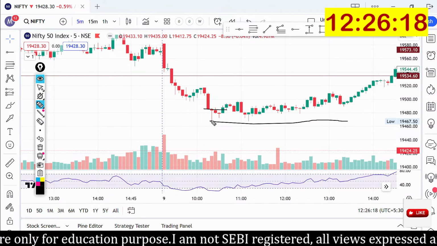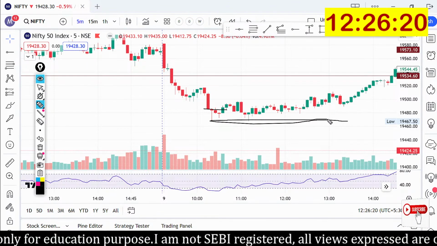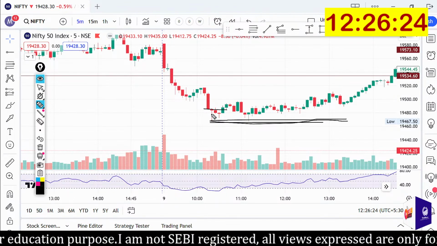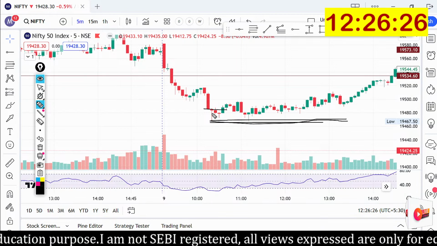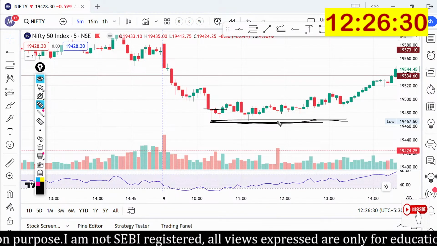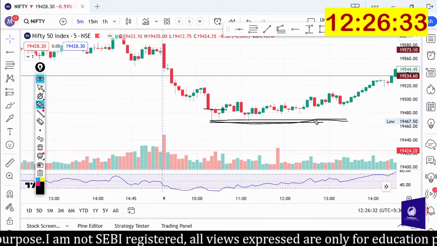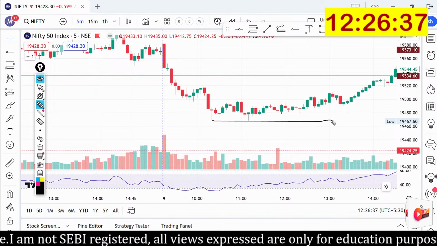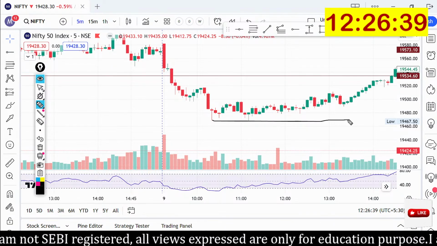But what is happening in this area is that whoever the buyers were that came in here, they are trying to protect this area, exactly holding this area for some time.